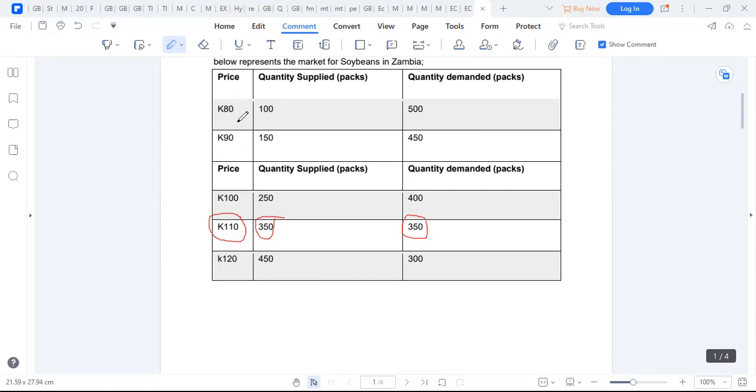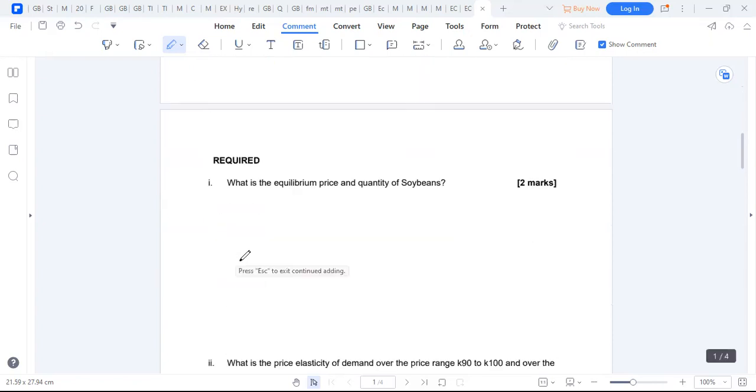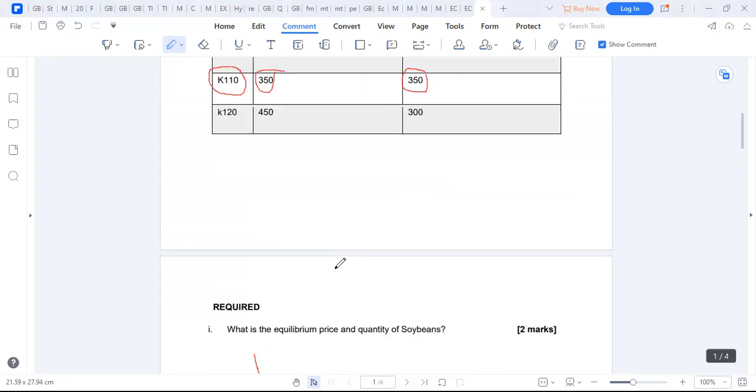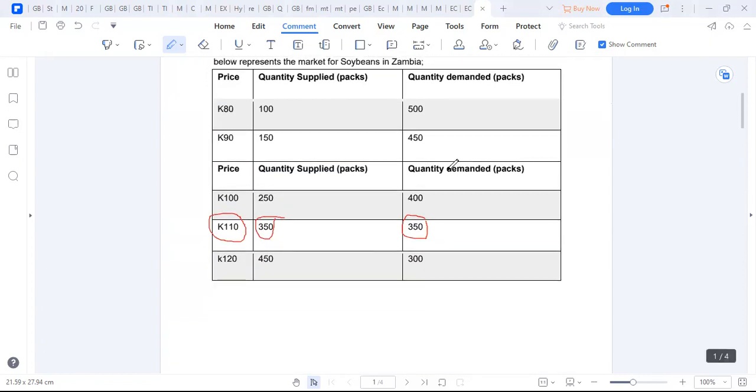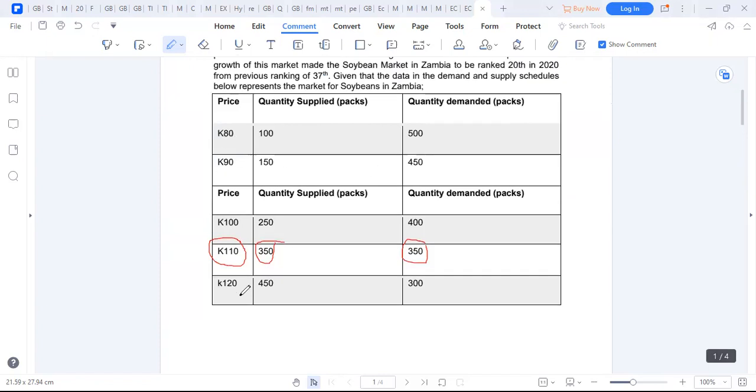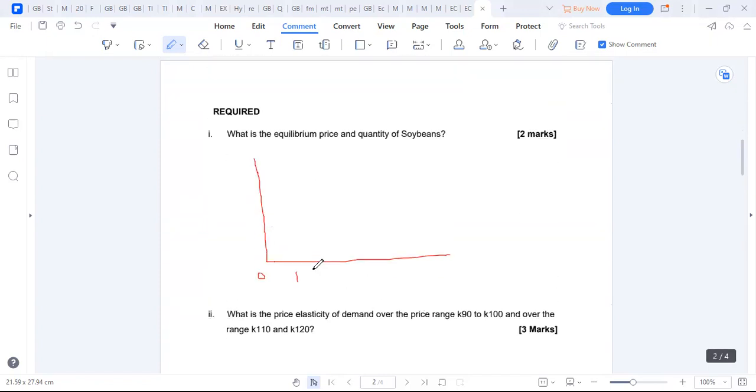So we have the figures here: $80, $90, $100, $110, $120. The highest figure on the quantities is 500, and then the price is 120. So you can even sketch it if you want.